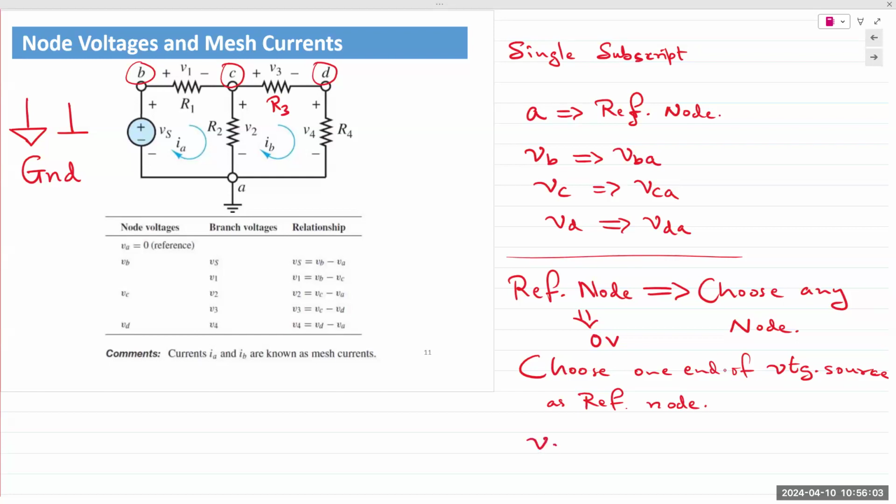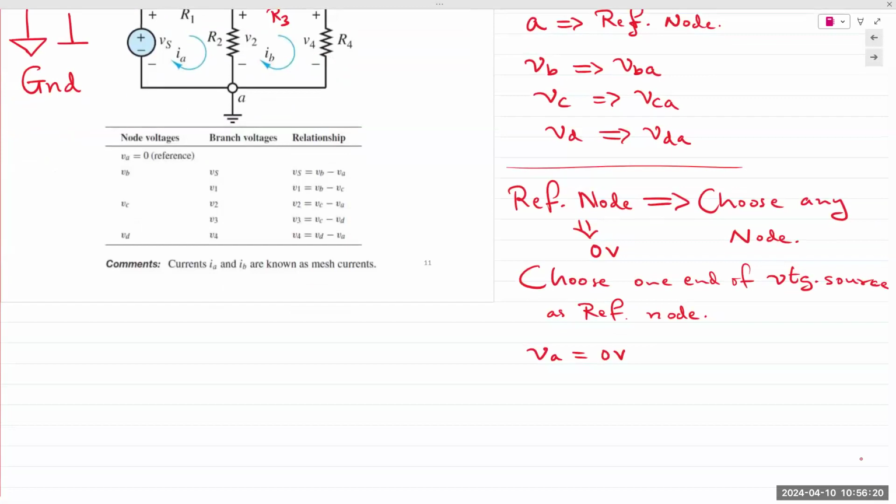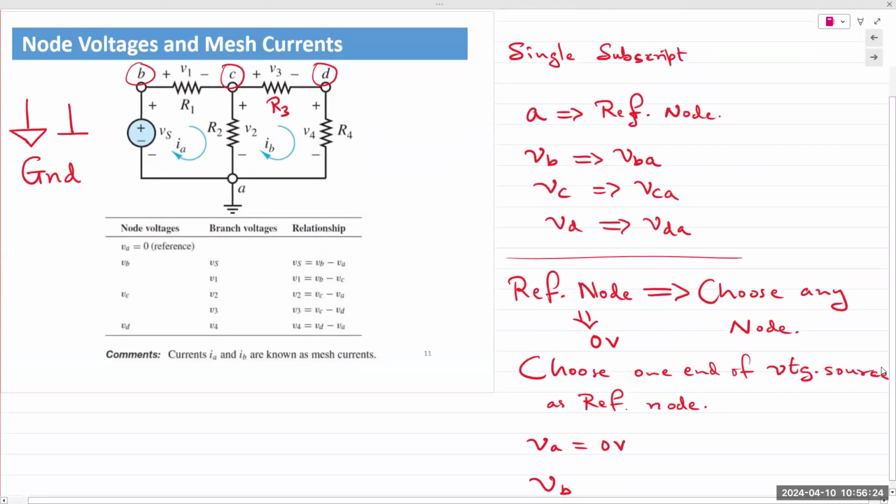So if A is 0 volts, you automatically have an answer for the node voltage at the other end of that voltage source. What is the other end of this voltage source?